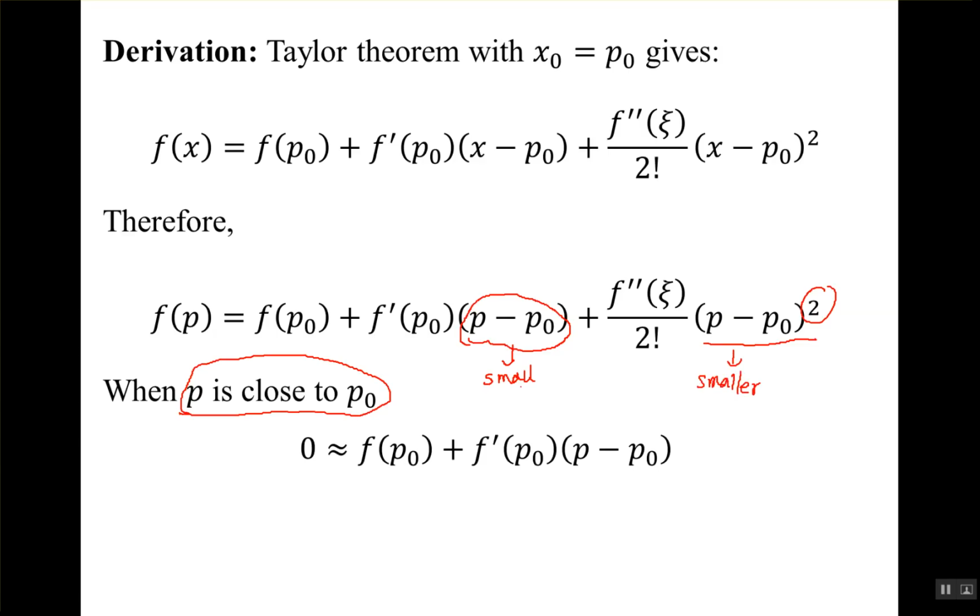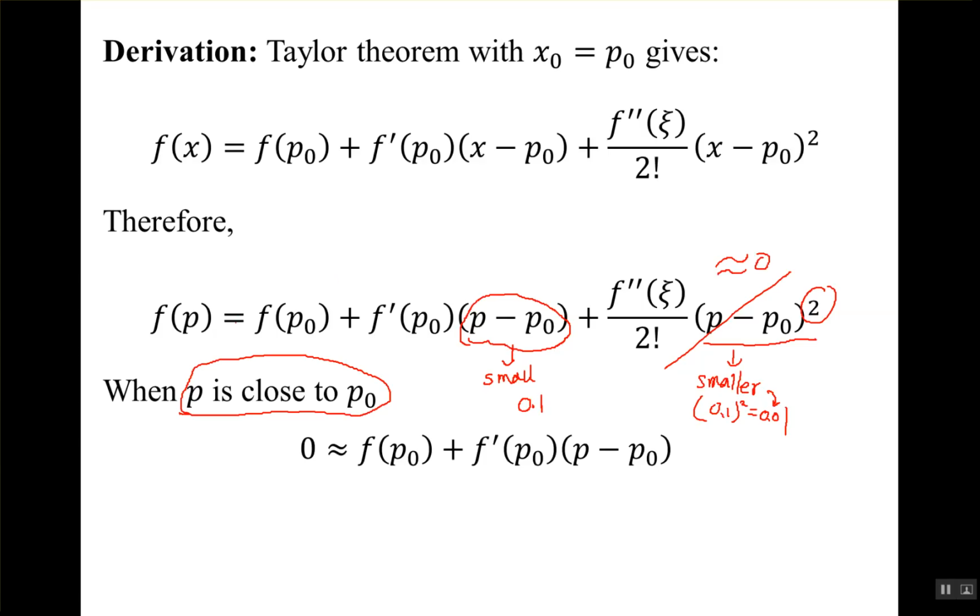Hopefully this makes sense, because if p minus p0 is small, take one example: suppose p minus p0 is 0.1, then 0.1 squared is 0.01, which is even closer to 0. So this is close to 0, right?